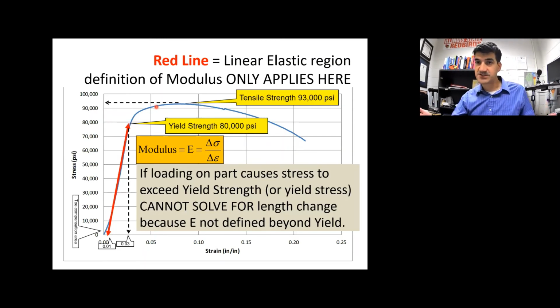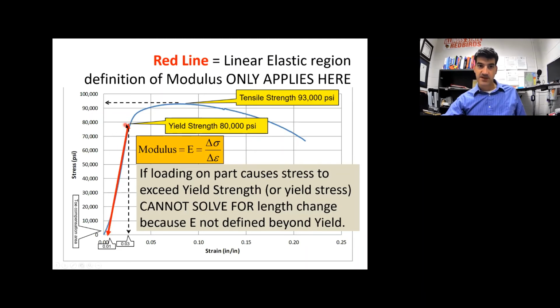You know, maybe the question is just what's the stress? So, okay, that's fine. But if you are doing a problem where you want to calculate the change in length, or you want to do a problem that uses the elastic modulus, you can't. The only time you can use the elastic modulus is if you're below the yield stress.